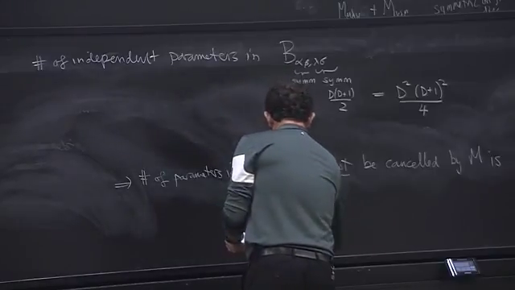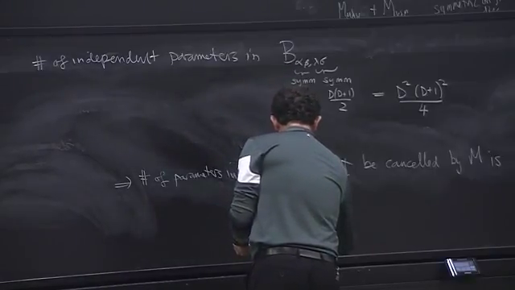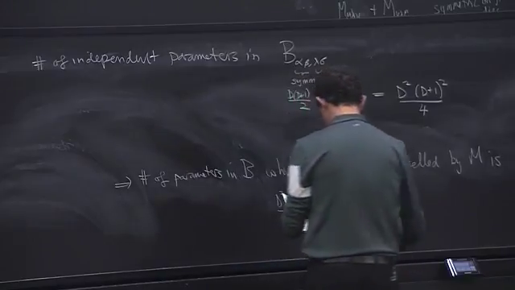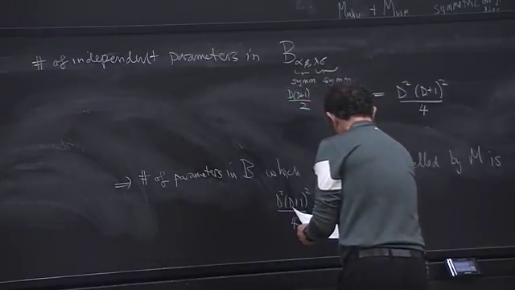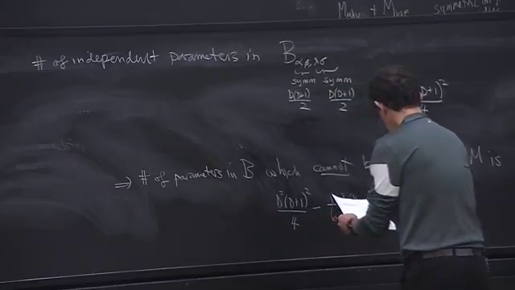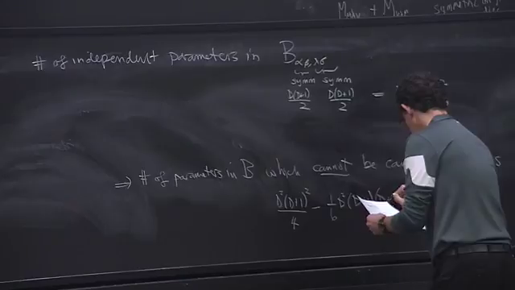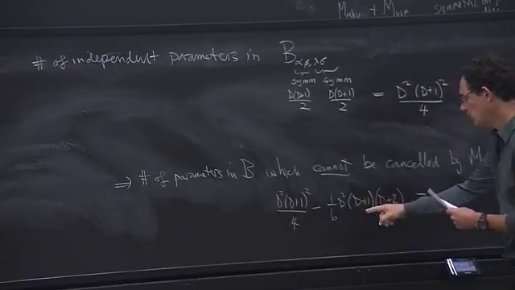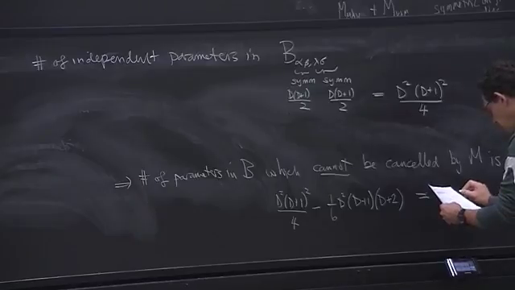So it's D squared, D plus 1 squared over 4 minus 1/6 D squared, D plus 1, D plus 2. And let's pull the D, D plus 1 out the front.